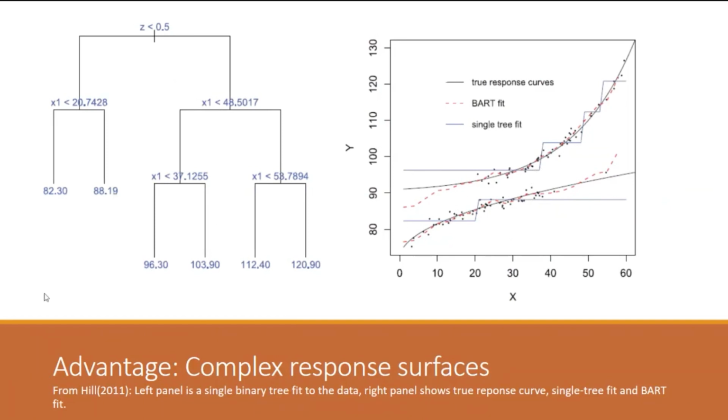And we'll see a little bit later that this is really where the advantages for causal inference in particular come in, is having this ability to accurately map relationships between the observed variables and the response.